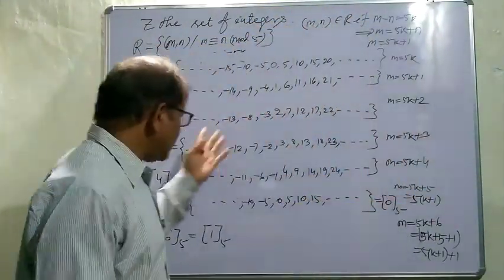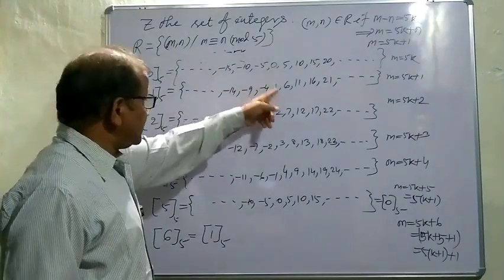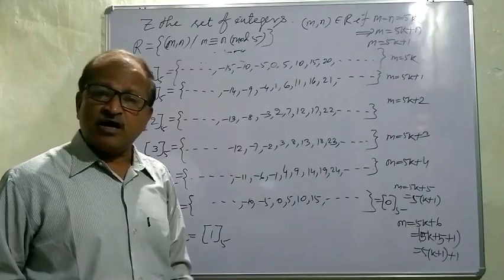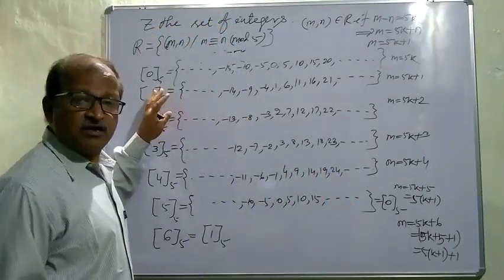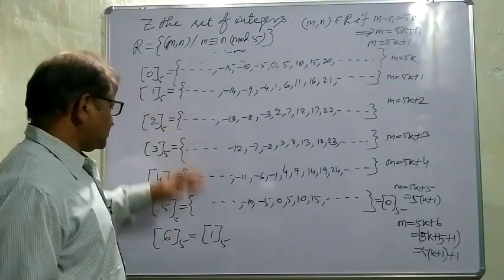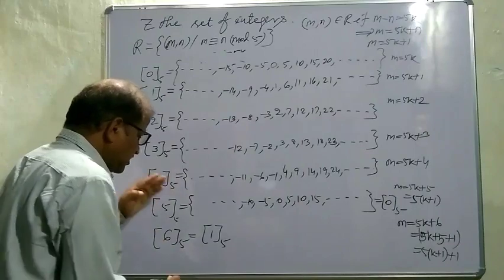We have seen it practically here. And since 6 belongs to the equivalence class of 1, it must be equal to the equivalence class of 1. So you see, from here the equivalence classes will be repeated.